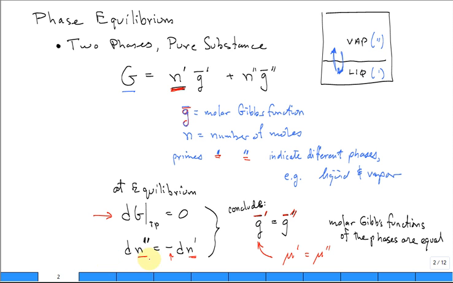You apply the chain rule for this differential change to the Gibbs function, and then you conclude that the molar Gibbs function for each of the phases has to be equal. Or we also saw that the chemical potential is another way of describing that molar Gibbs function. So the chemical potential of that pure substance in each phase is equal.